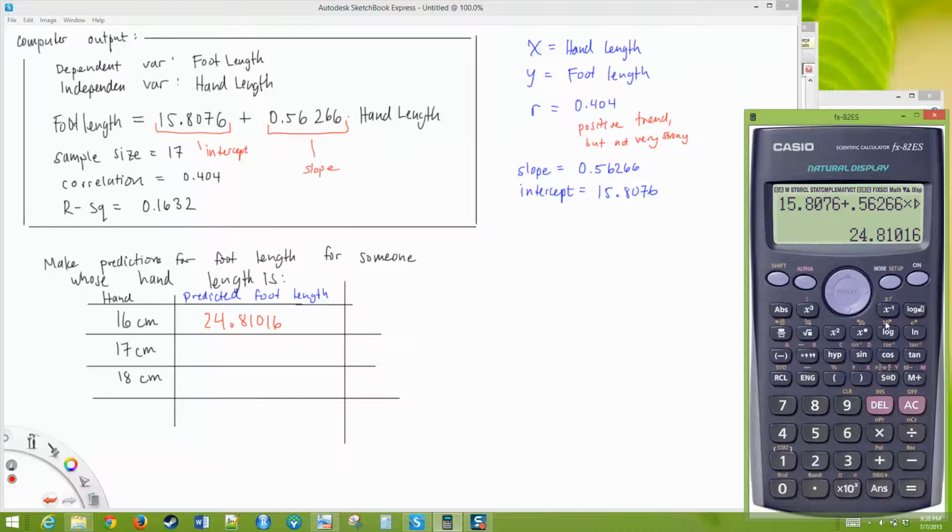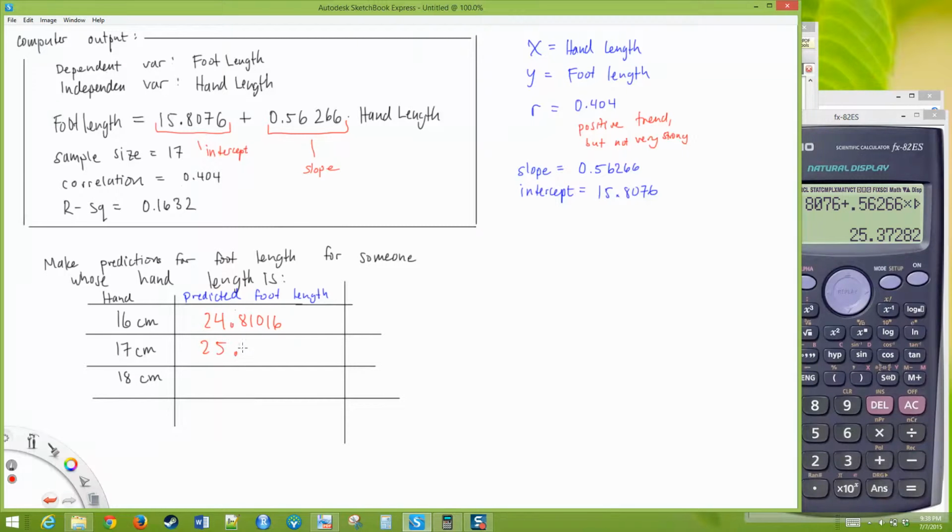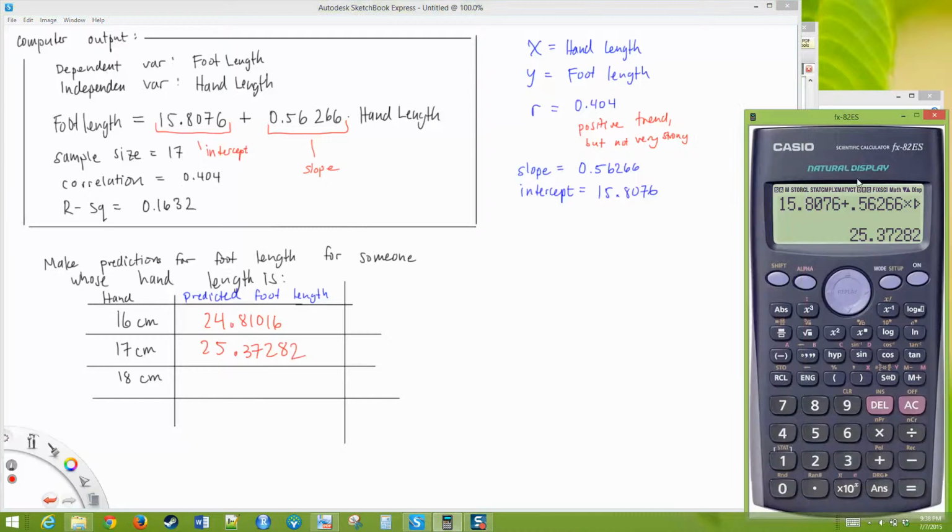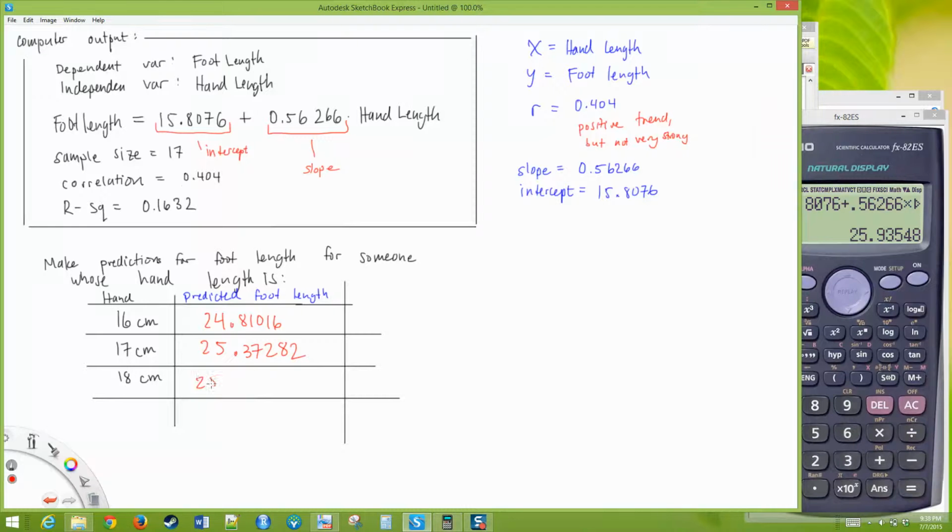And let's go back up. I'm going to just change this to a 17, and I get 25.37282. And I change this to an 18, and I get 25.93548. Can we see that?